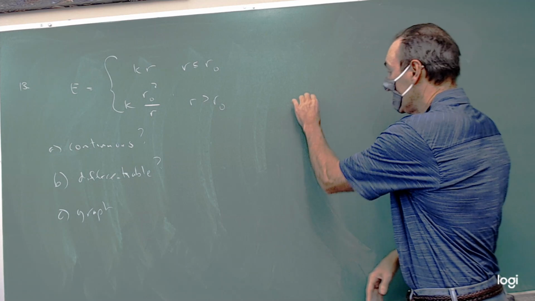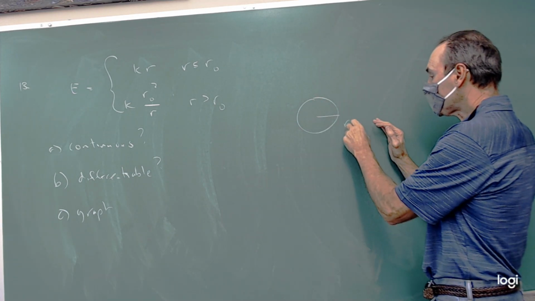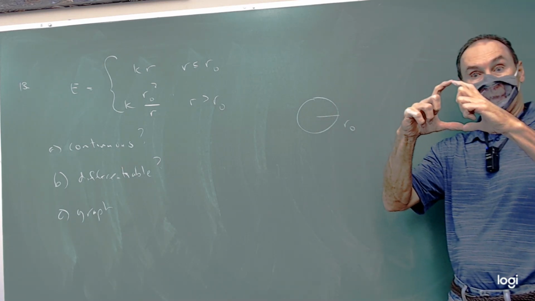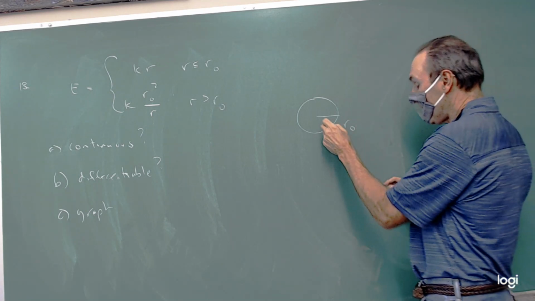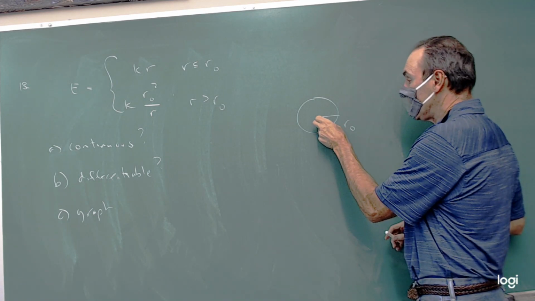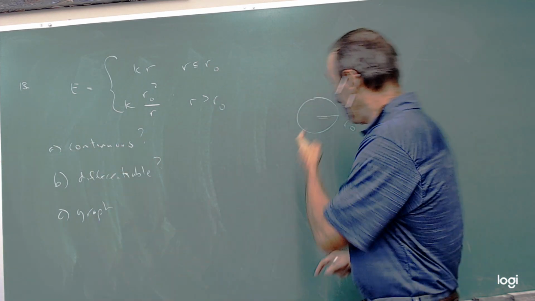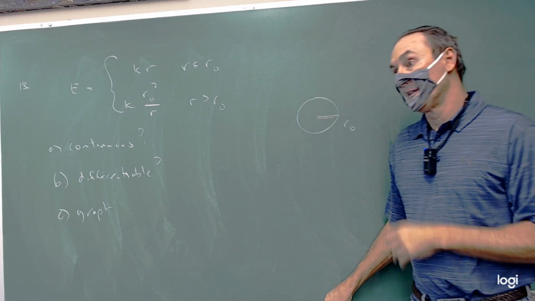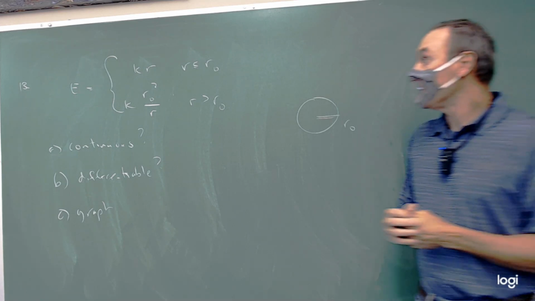So if you cut this cable and looked at it, R sub 0 is the physical distance from the center of the cable to the edge, and the R is this thing that's changing. So we're looking at the electrical charge as you work your way away from the center of this cable, which you don't really have to know to do this, but that's the idea.